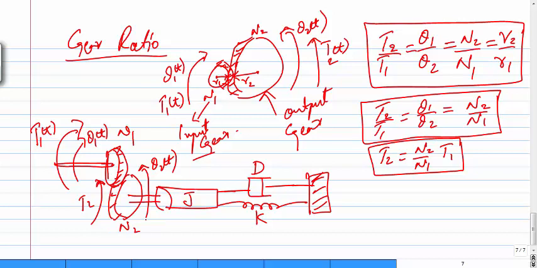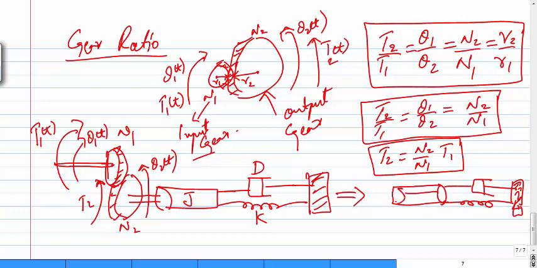Doesn't matter. Now we reduce this equation and further reduce to this one, where here we have a damper, here we have a spring, and here we have a rotating inertial mass J, and they are actually applying torque, that is not T2, it becomes N2 divided by N1 times T1, with angle theta 2, and we try to solve this equation.